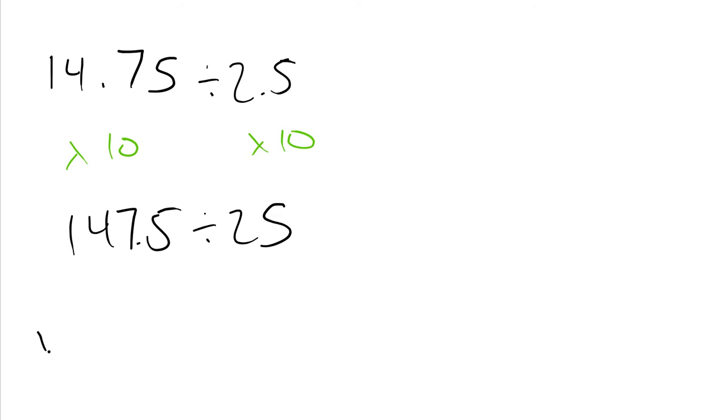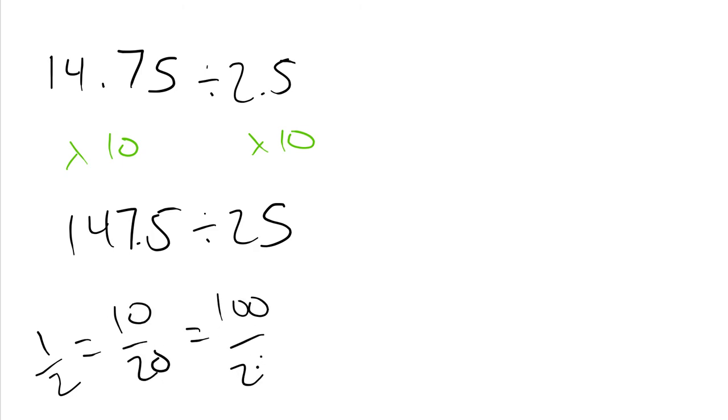Because think about this. 1 divided by 2 equals 10 divided by 20, which equals 100 divided by 200. All the same, just multiplied by 10, multiplied by 100, top and bottom. Okay? No different. So we take our division problem right here, and we write 14.75. Make sure I do this neatly.